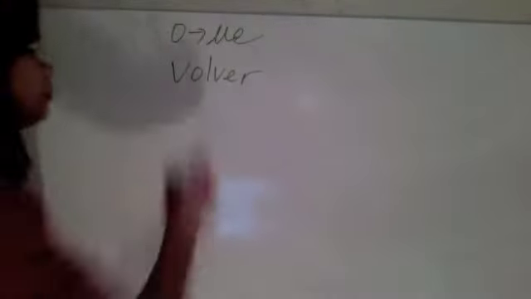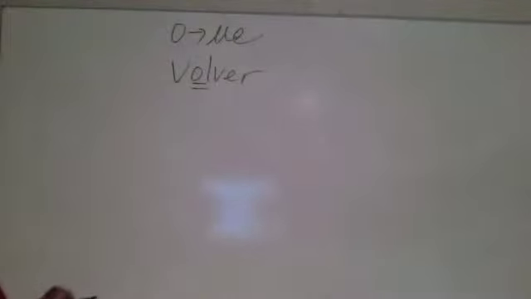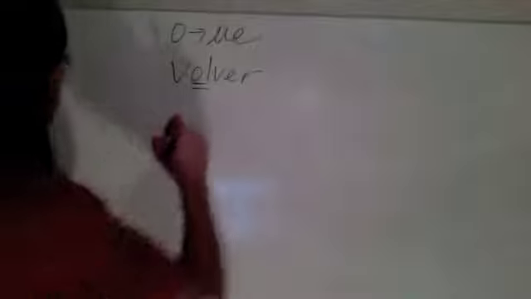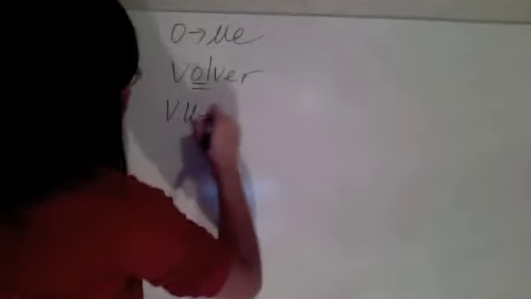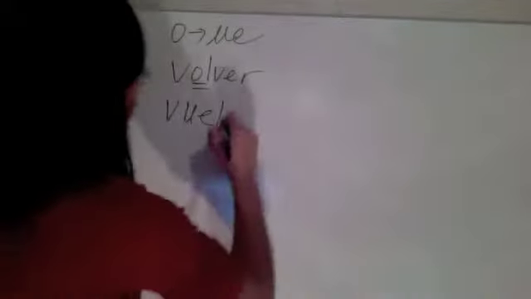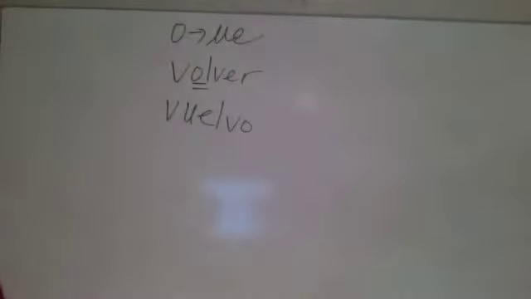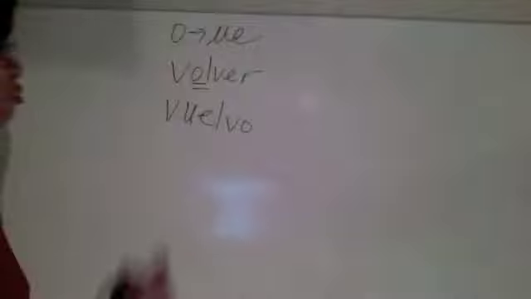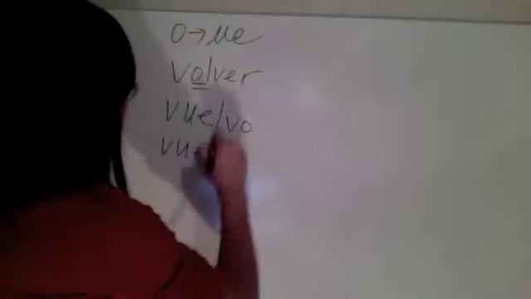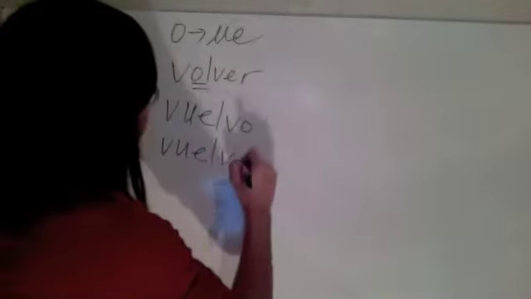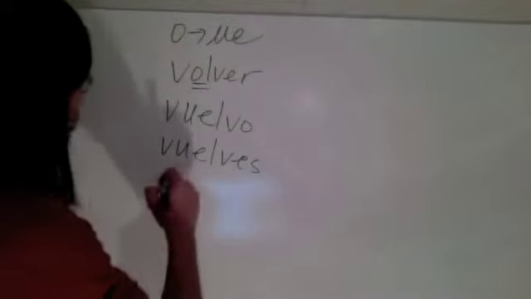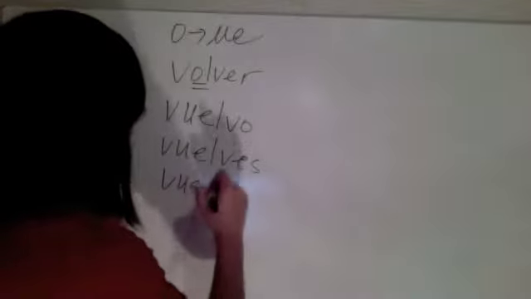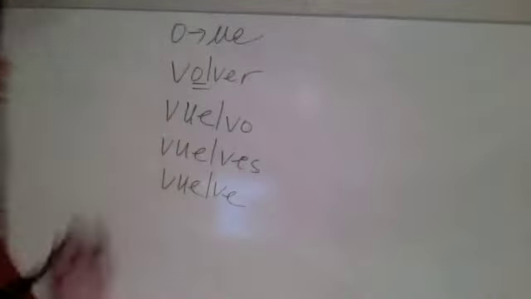Here's an O that's going to be the stem changing one, and let's conjugate it. O to UE, so yo form, and keeps the L, yo vuelvo. The tú, vuelves. O to UE right here. Él, ella, usted, again O to UE, vuelve.